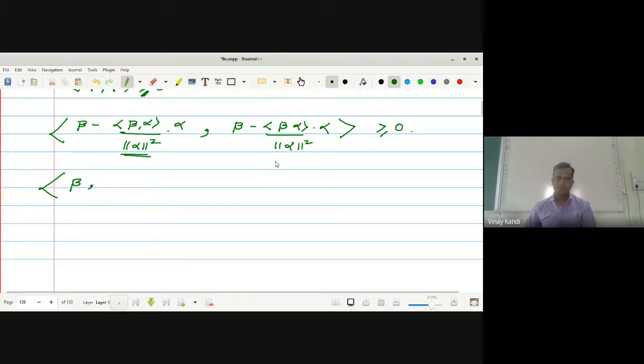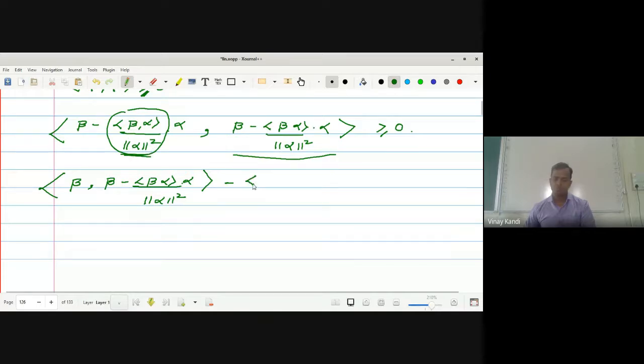Second coordinate, this is beta. This is the second coordinate: beta minus inner product of beta alpha into alpha divided by norm square alpha. This is the first one, minus. Now this one is what? Constant. Take this constant outside the inner product.